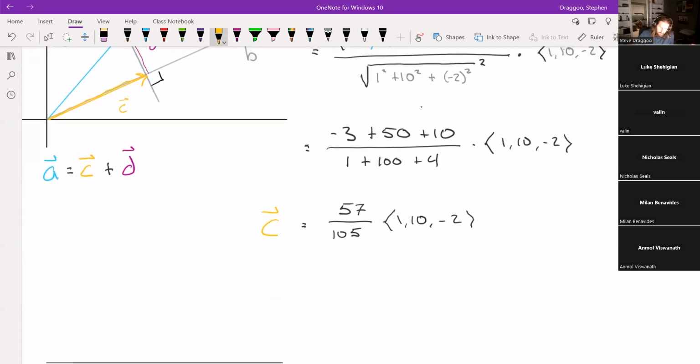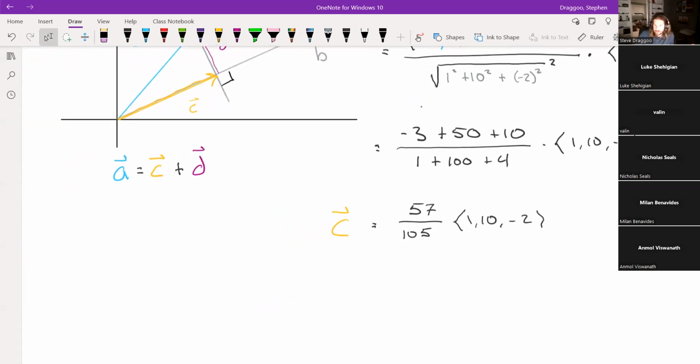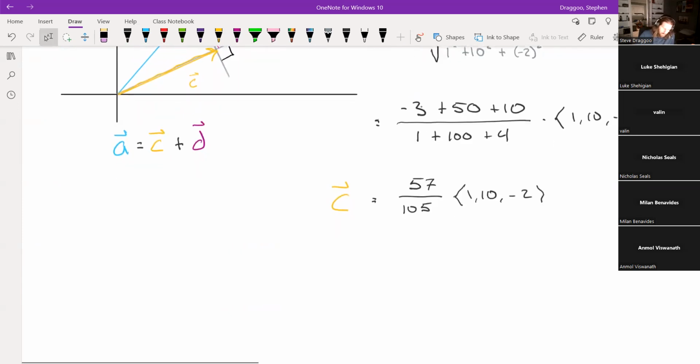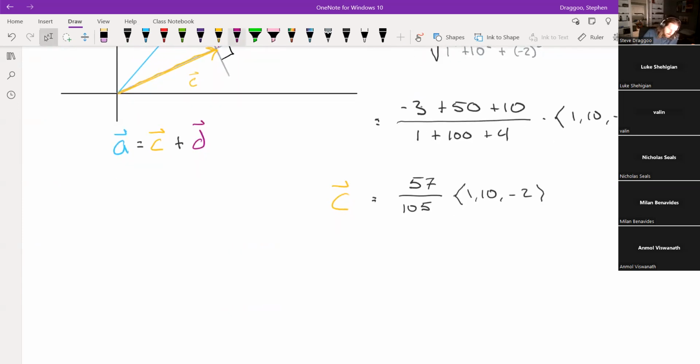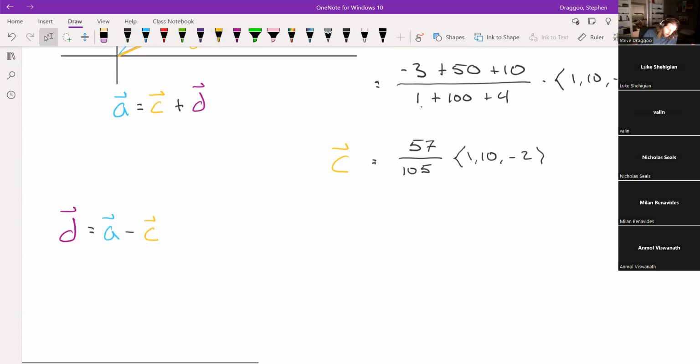So past that, we also want to get the orthogonal vector that accompanies it. And the easiest way to get that, to my mind, is to just rearrange that equation I had above. If A is the sum of C and D, that means that D is the difference between A and C. And I already know what all of these are.